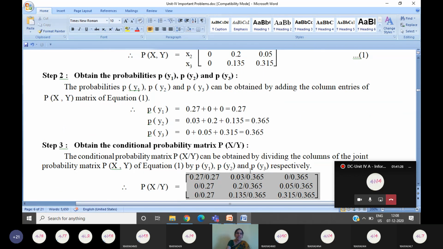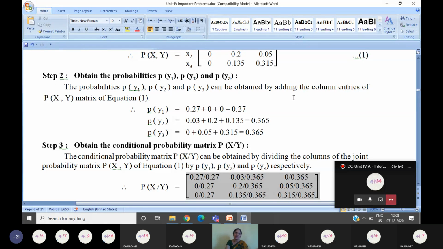Now how can you check that the obtained P of y matrix is correct? The P of y1, P of y2, P of y3. How can you say that the answers are correct? So if you take the sum of the three elements of P of y, that should be equal to 1, similar to P of x.